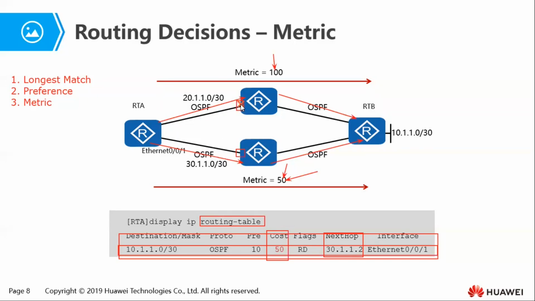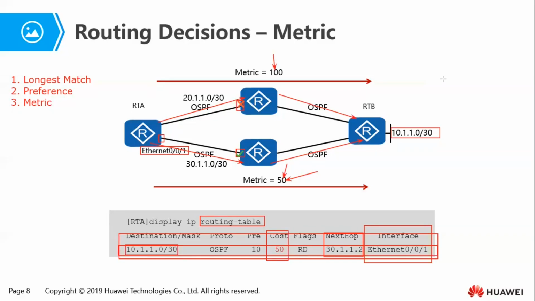Instead, we are using that next hop. And again, just as a repeat, the interface is the outgoing interface. So in this particular case, if we want to go to this network, 10.1.1.0/30, the outgoing interface is this one here, Ethernet 0/0/1.